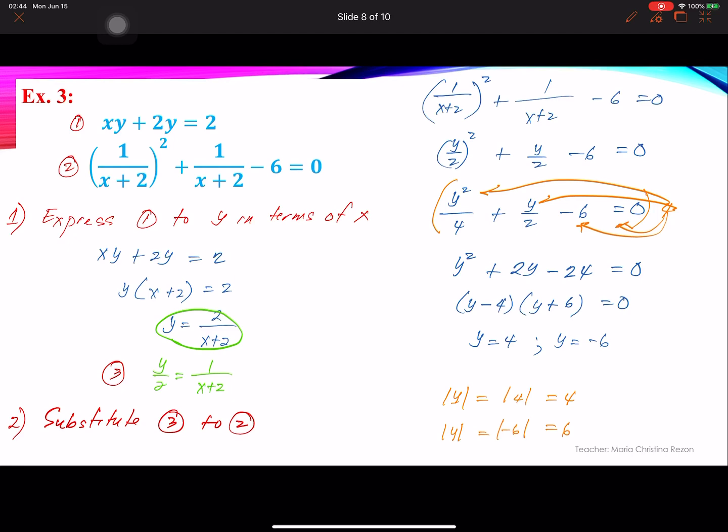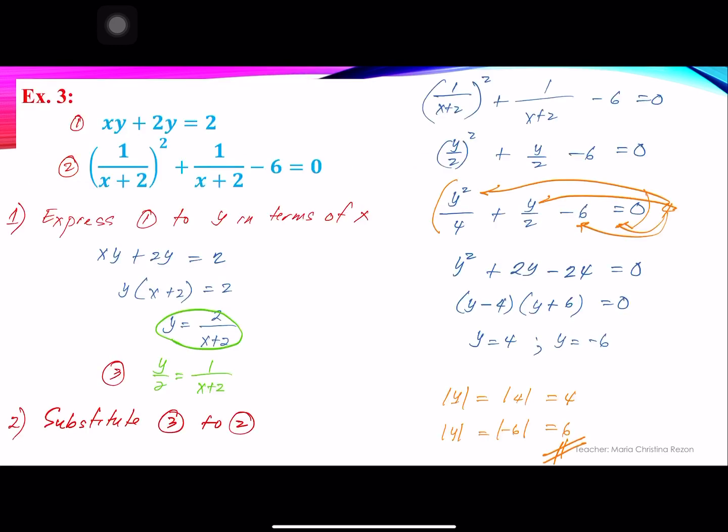And that answers our question there. But then if you want to find the solution set of our system here, then we will continue. You have y is equal to 4 and y is equal to negative 6.